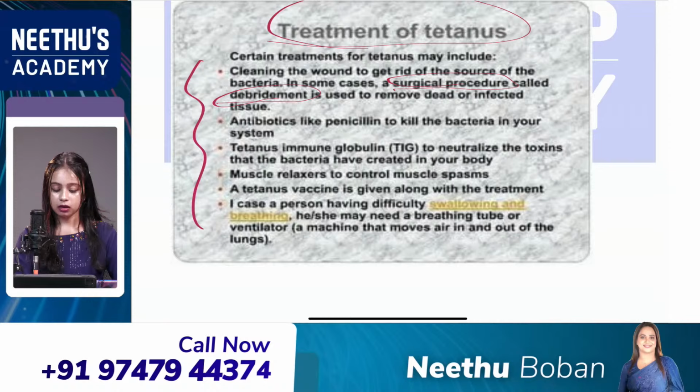The 18th question. That is from text A. The answer should be tetanospasmin. Very good. See, growing, dividing, release toxins, which is called tetanospasmin.